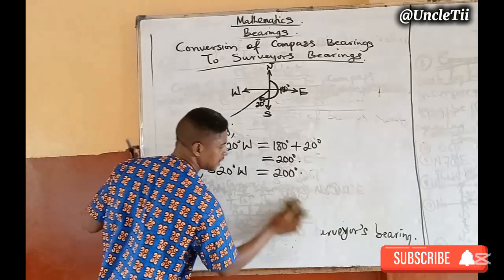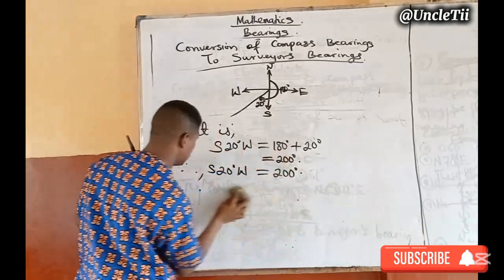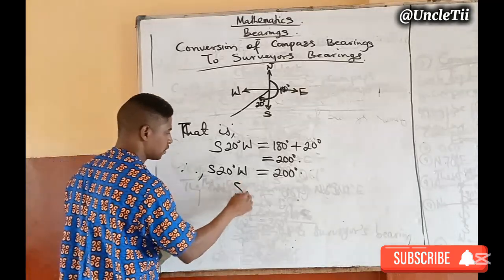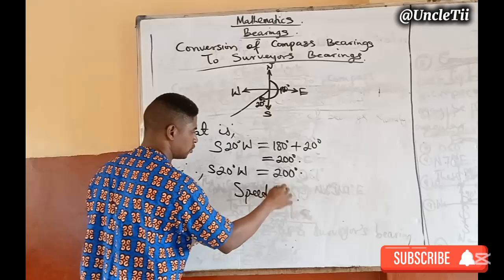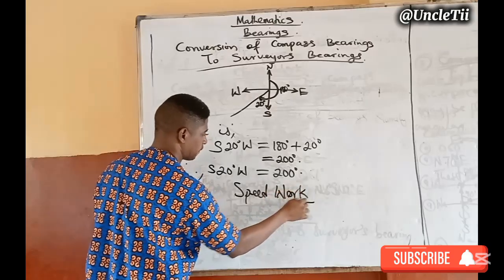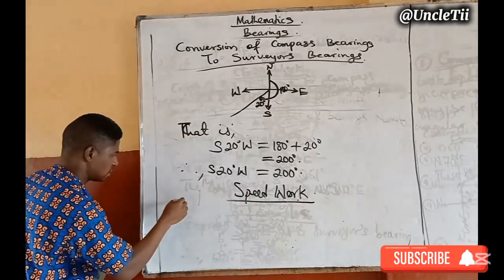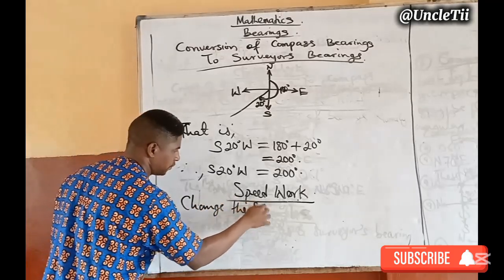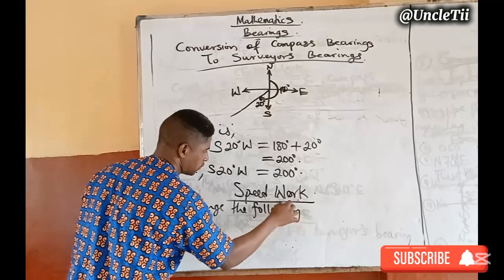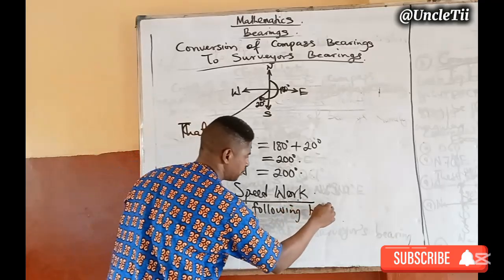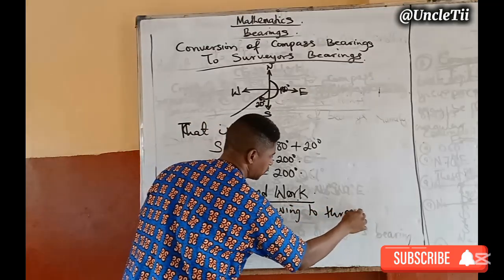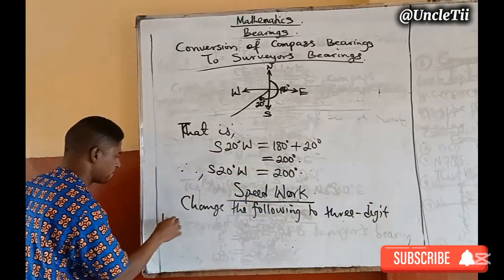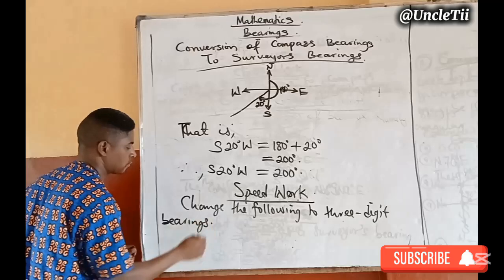To check whether you have understood anything, look at this speedboard. Change the following to 3-digit bearings.